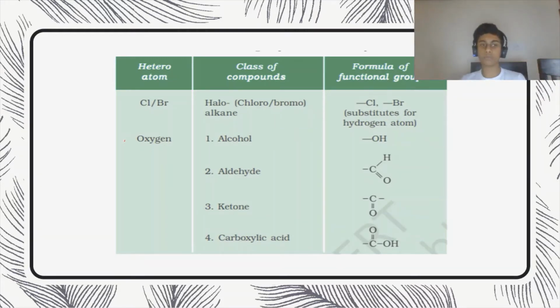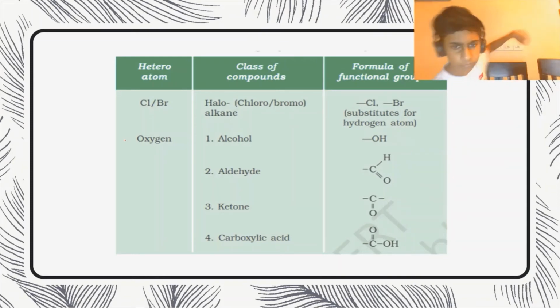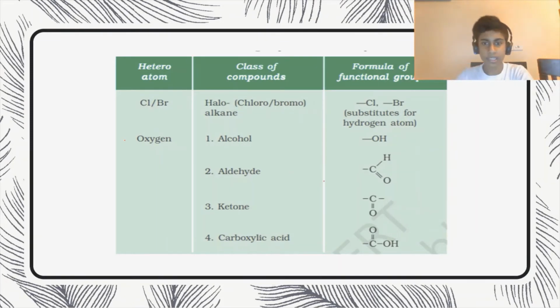We'll have to remove the vowel. So we'll remove the E from the alkane, alkene, or alkyne. Now, for halogens, we just use a prefix. It's always a substituent, that's why.